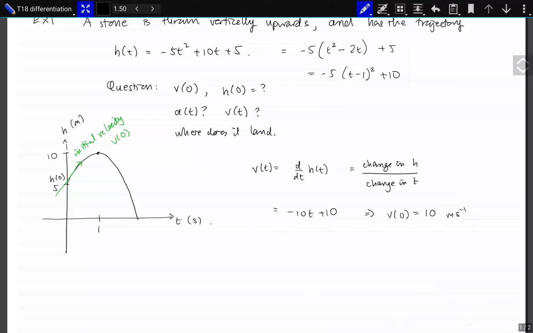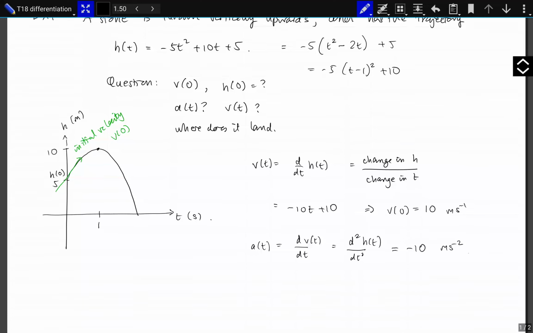And the acceleration is the change in the velocity with respect to time, and is therefore the double change in the position with respect to time, and that's equal to minus 10 meters per second squared. This turns out to be a constant, so the acceleration at time 0 is also the acceleration at any time.